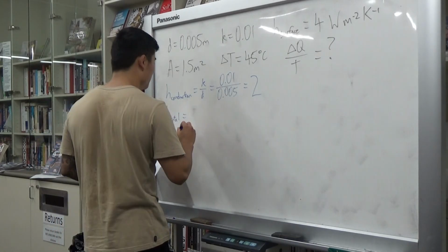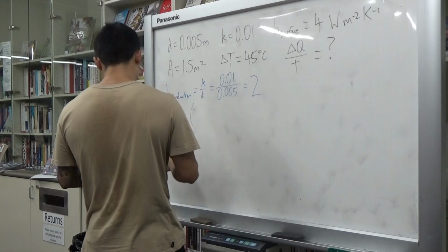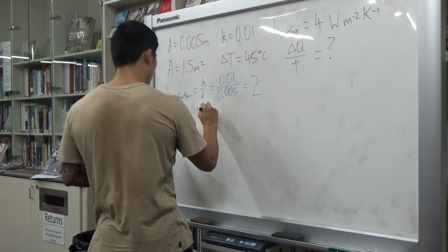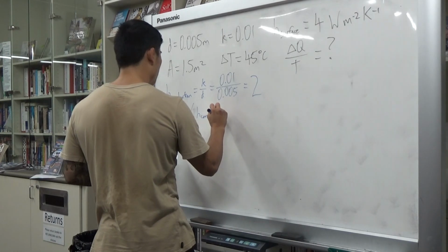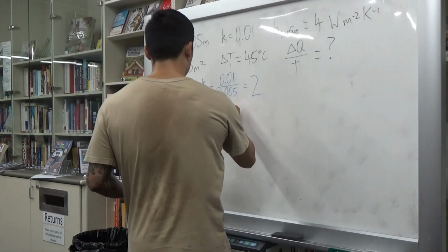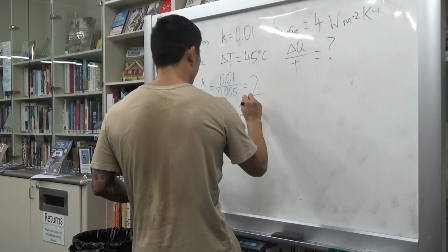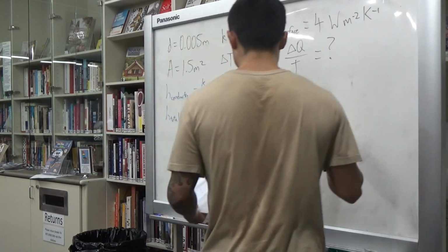So H total is equal to H of conduction to the power of -1 plus the H of surface to the power of -1, and all of that to the power of -1.